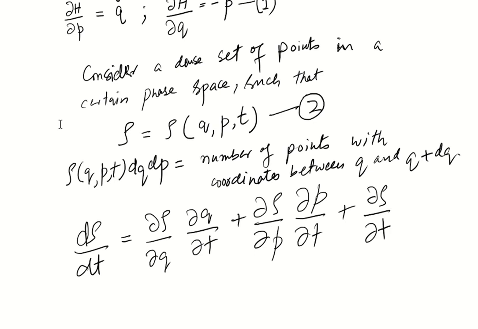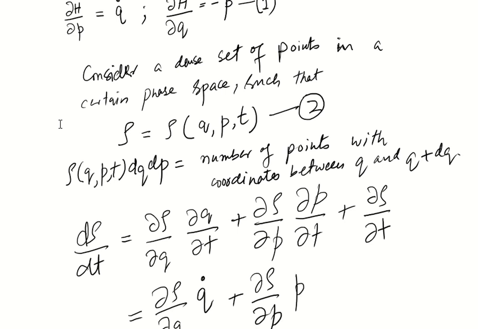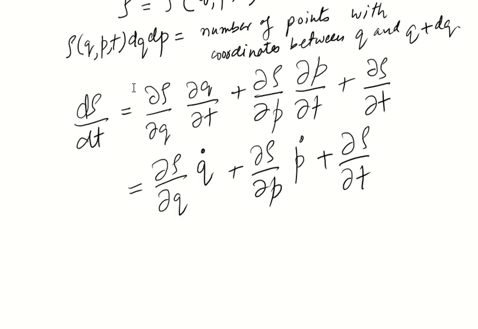In the notation I used before, partial q over partial t is actually q dot, and partial p over partial t is p dot, plus partial rho over partial t, that you know very well.